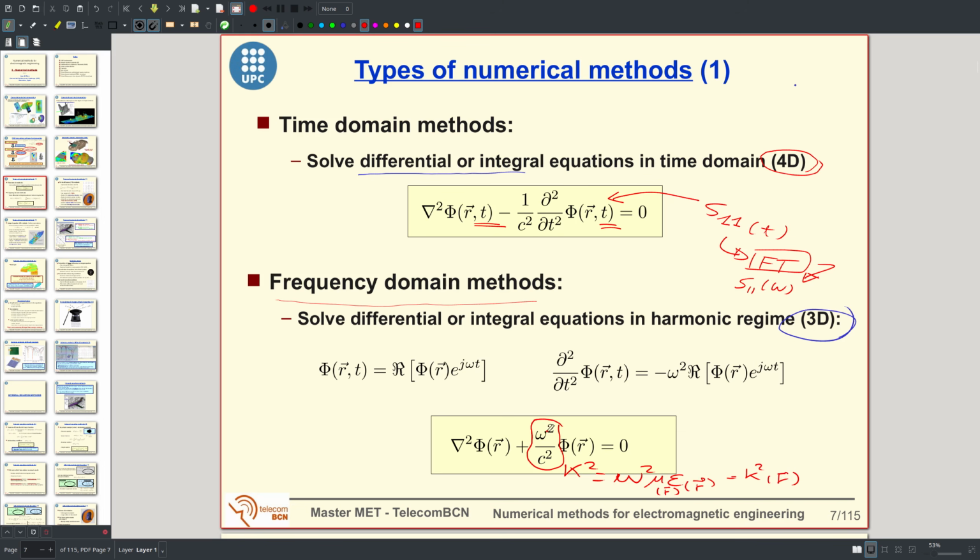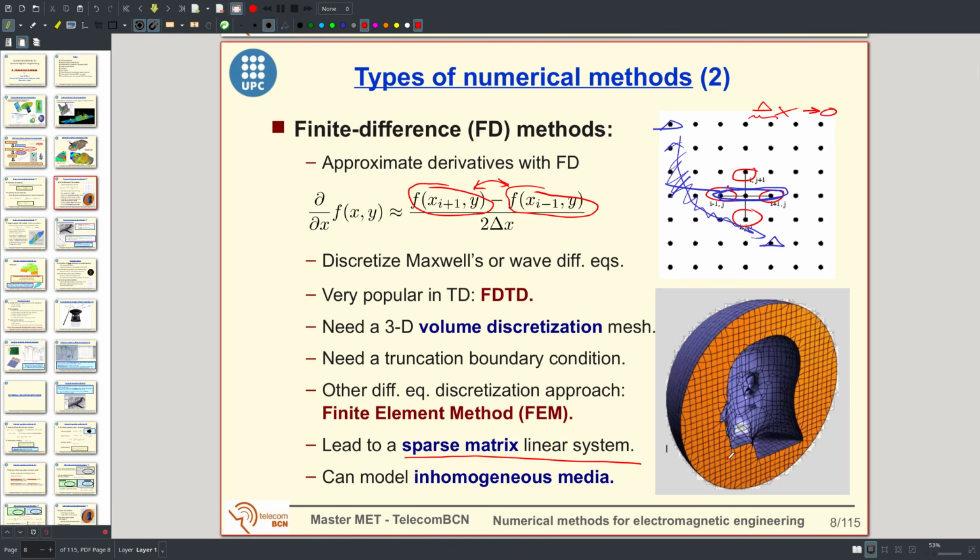So this can be inhomogeneous, because at every point you put the value of k that corresponds to the epsilon and mu of that point in space, okay? So the medium can be inhomogeneous, and that is also very important. So there are two important points: sparse matrix, and that the method can be applied to inhomogeneous media.